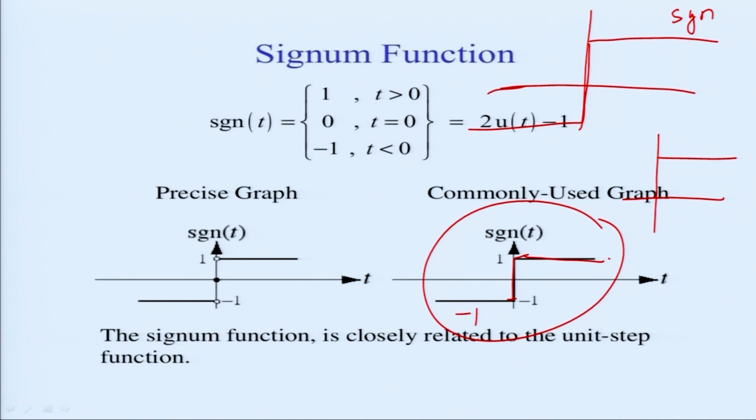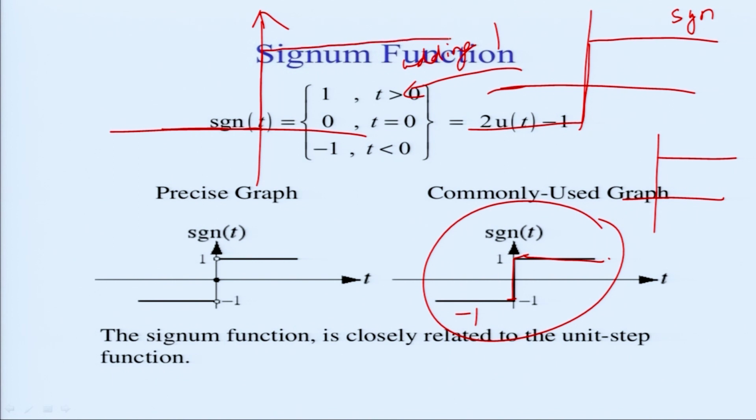Then the signal shifts along the axis and becomes like this, and the earlier value becomes 2.